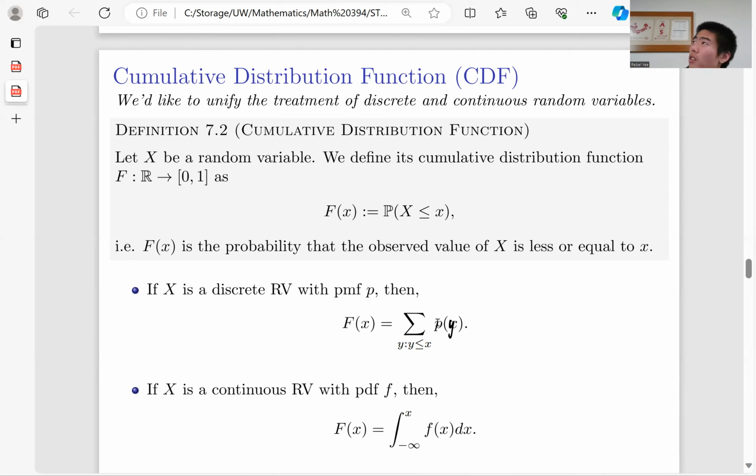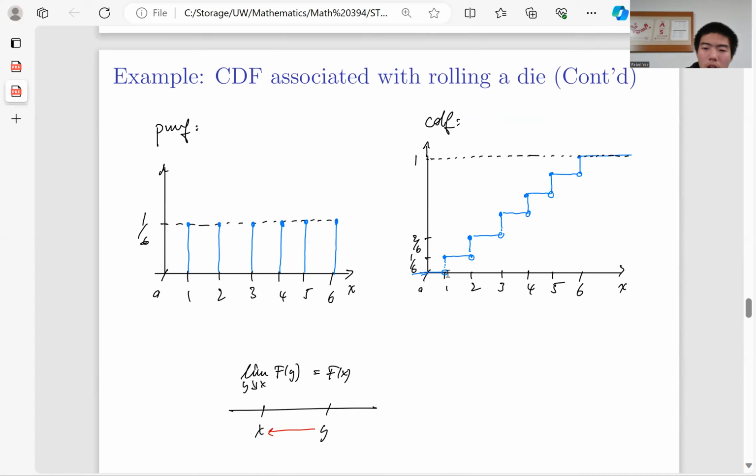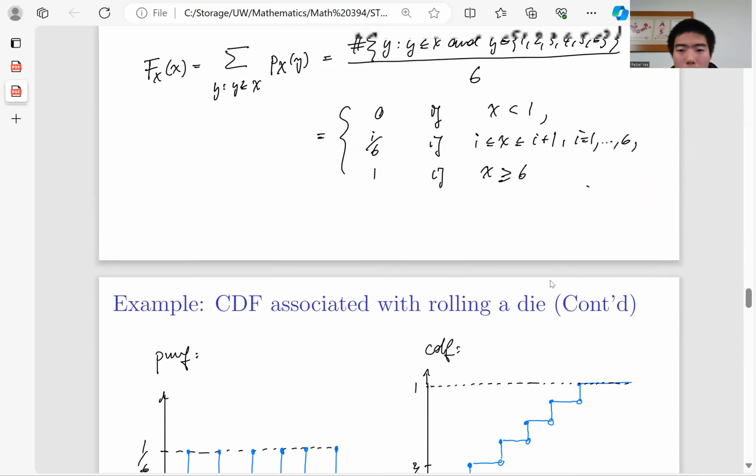So sum them up, and you can find, just as in this case, for 2 it is 1 plus 1, so 2/6. For 3 it is 3 times 1/6, so it's 3 divided by 6, or 1/2. Continue the pattern, and we can find the CDF.